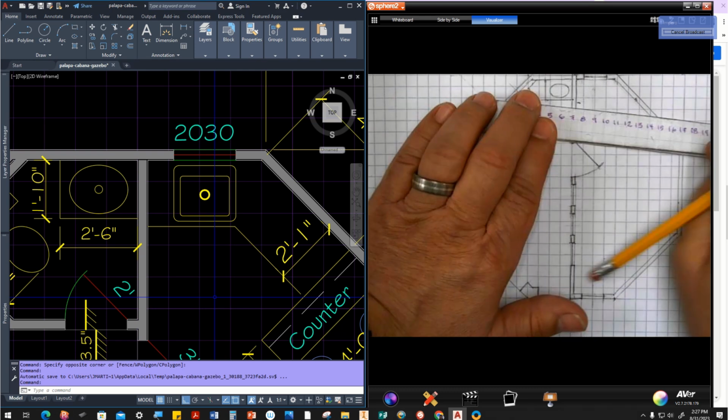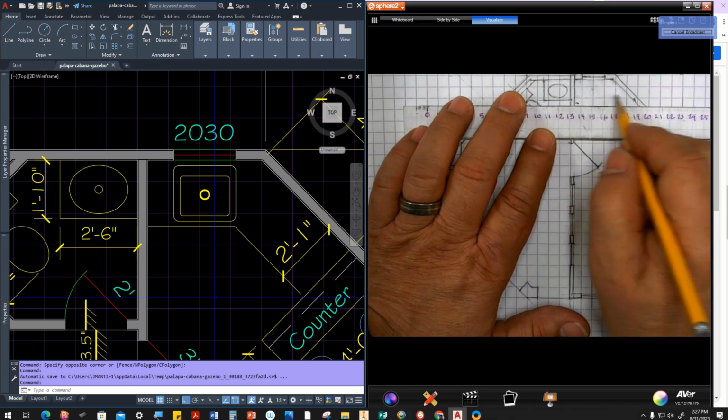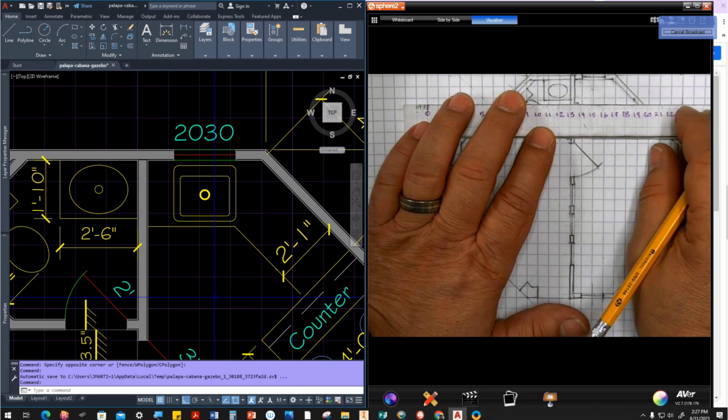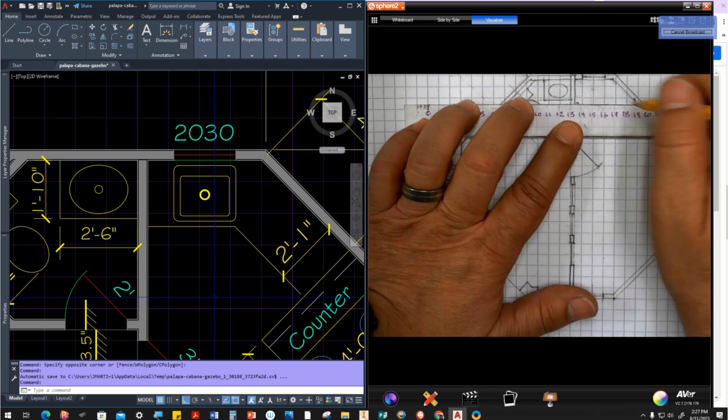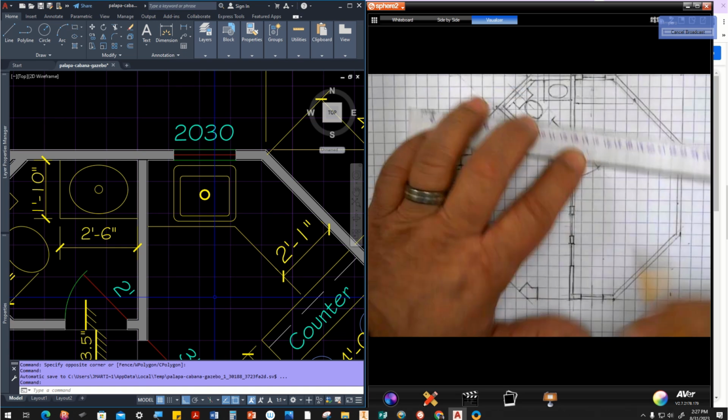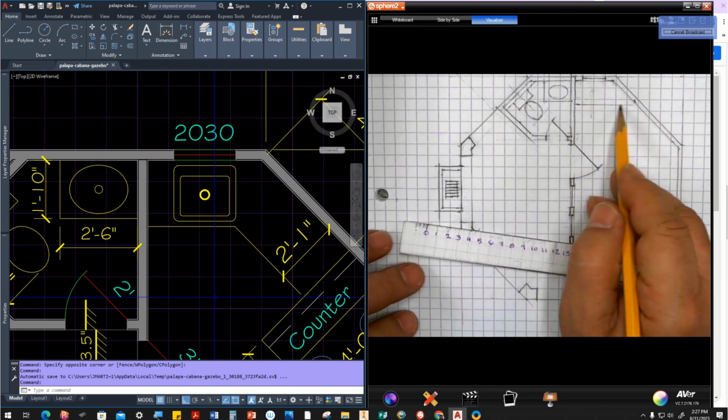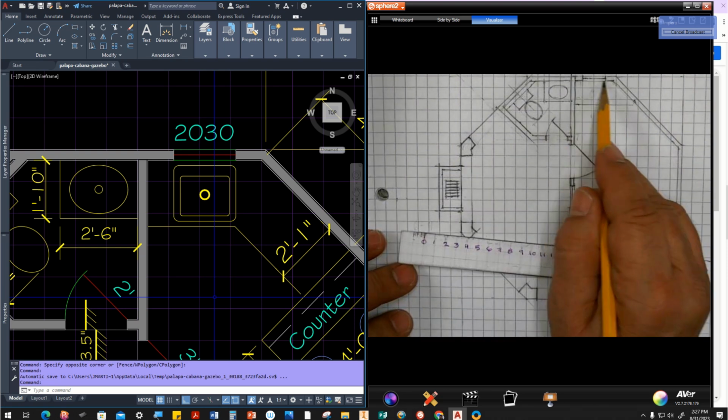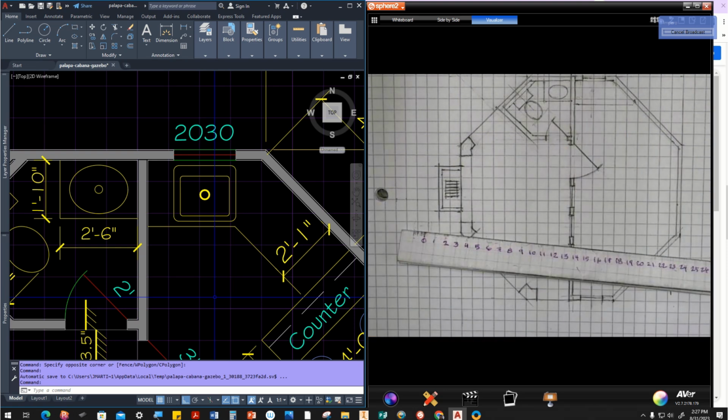Okay, how do you make a parallel? Choose a guideline as reference, and there you have a line parallel to the guideline, parallel to the wall above. Don't do it hard because you're gonna erase.